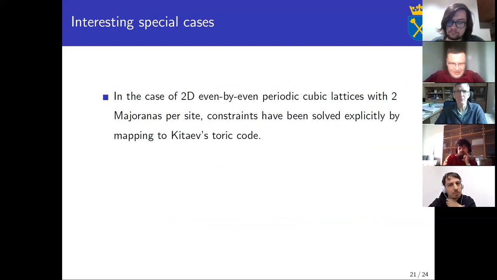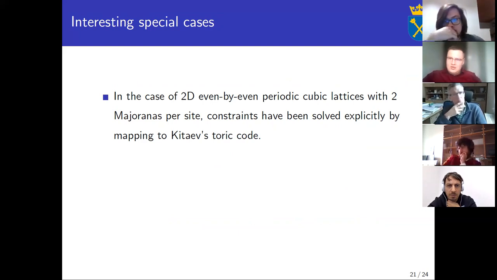I have some slides which I want to omit now, mostly in the interest of time, but I just wanted to mention one special case where you have a cubic lattice in dimension 2. In this case, we managed to actually solve these constraints, because in the spin system there are some constraints.